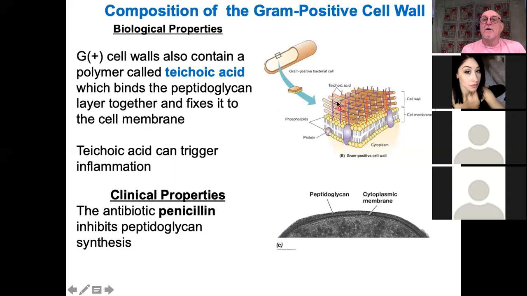First of all, teichoic acid is also recognized by the immune system, and it can stimulate an inflammatory condition. Second, it's this synthesis of the peptidoglycan that many of our antibiotics operate on.